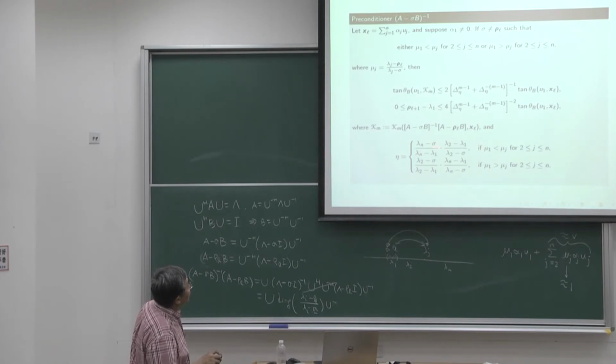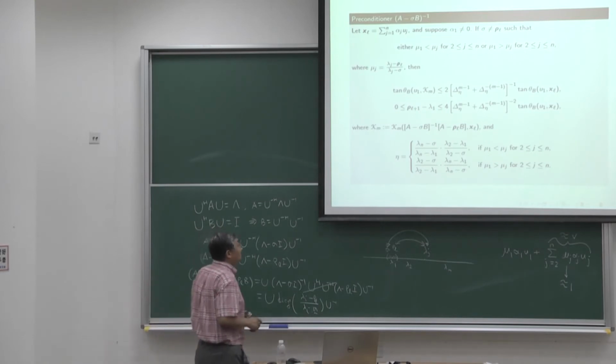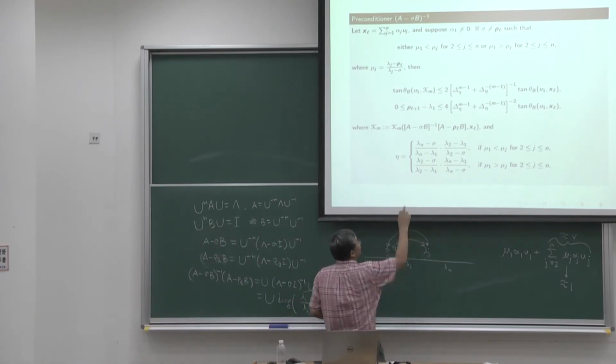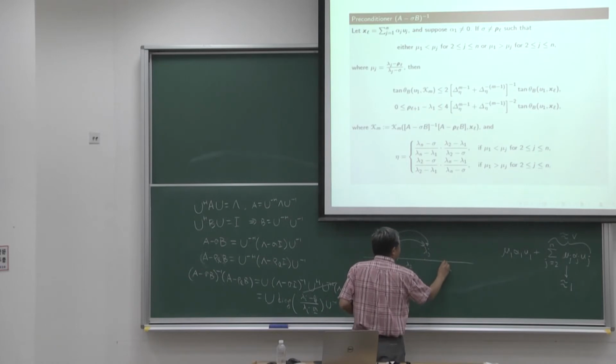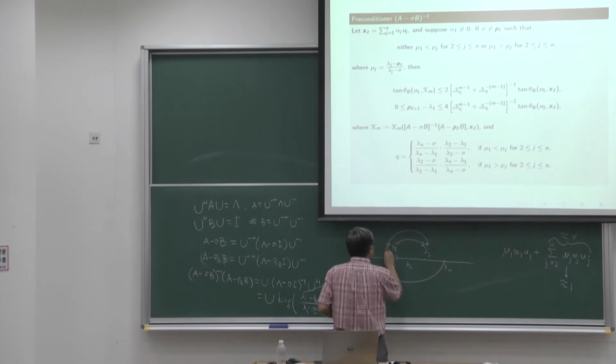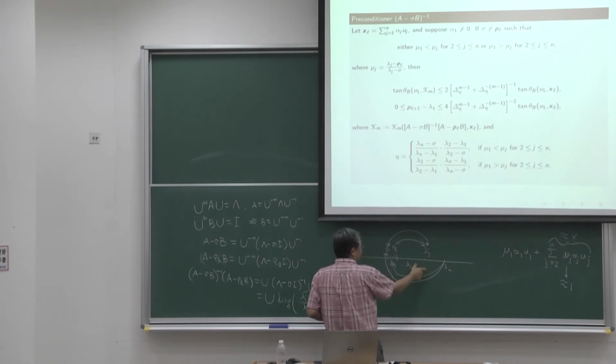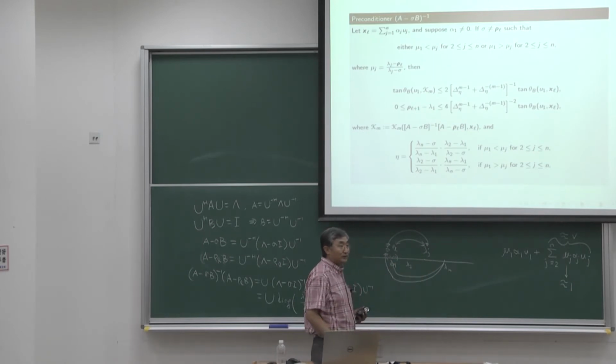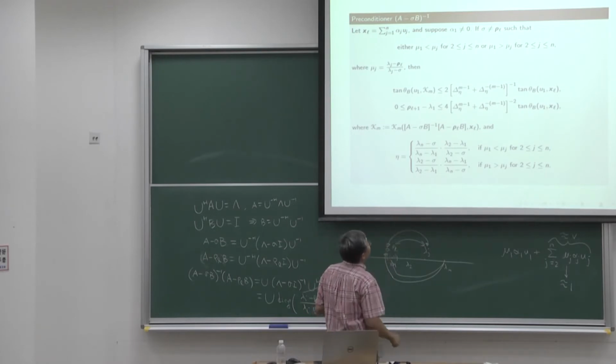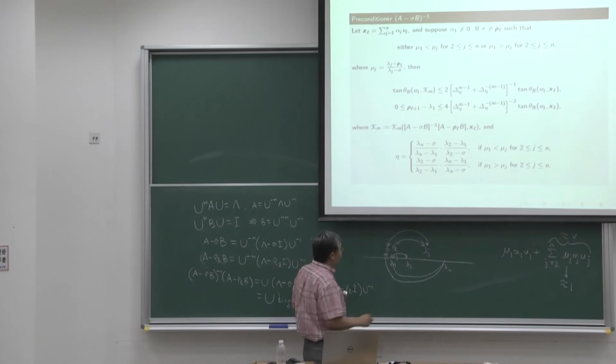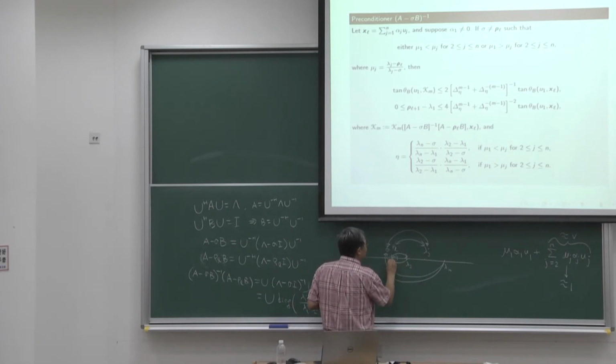So look at the first case. You have lambda n minus sigma, lambda n minus lambda 1. So the first factor will be the distance between lambda n and sigma, and lambda n minus lambda 1. Presumably, this is going to be close to 1. The second is lambda 2 minus lambda 1, the distance between lambda 1 and lambda 2, then lambda 1 minus sigma, lambda 2 minus sigma.